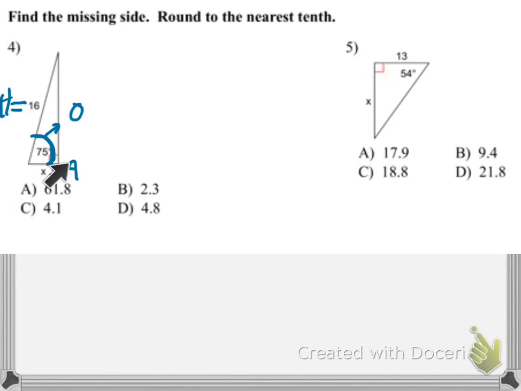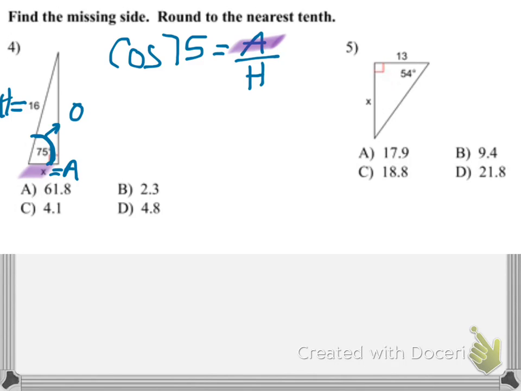Well, what uses adjacent and hypotenuse? Well, that's cosine. So I have cosine of my angle, which is 75, equals adjacent over hypotenuse. So I'm going to replace my adjacent with x, and I'm going to replace my hypotenuse with 16. Now I have cosine of 75 equals x over 16.